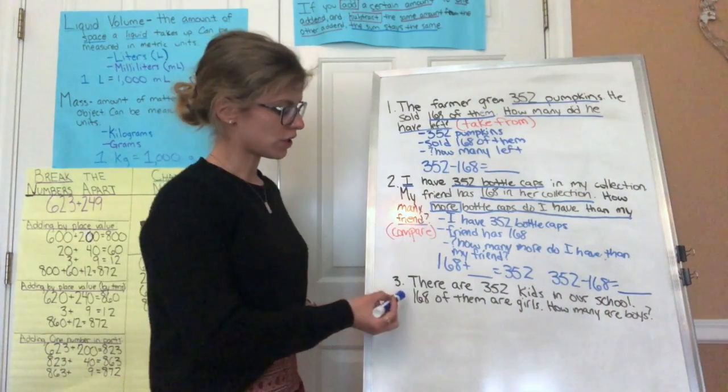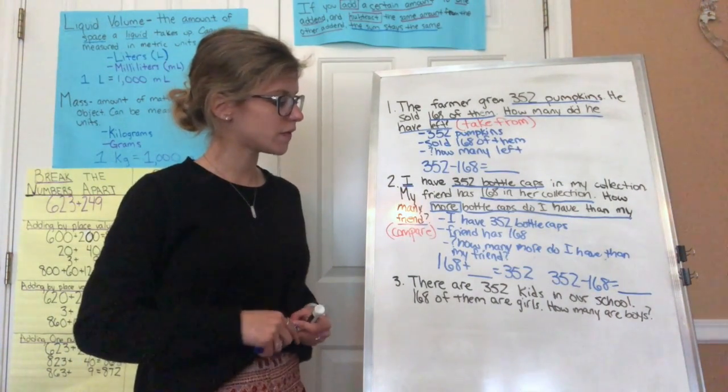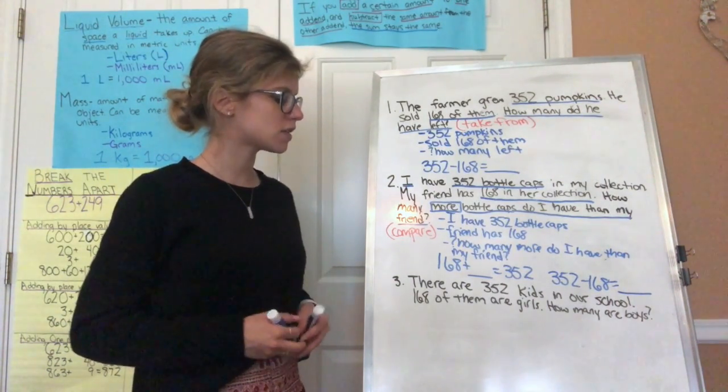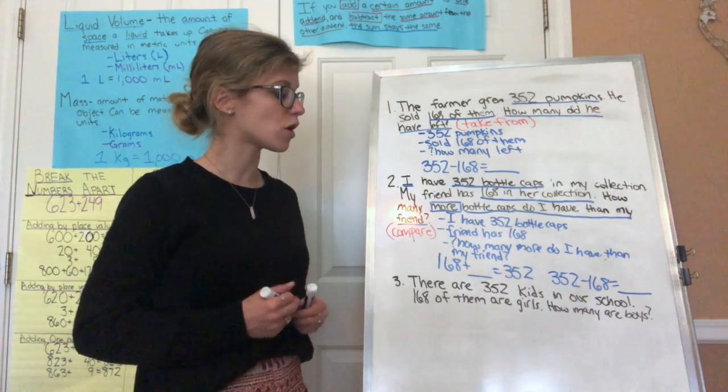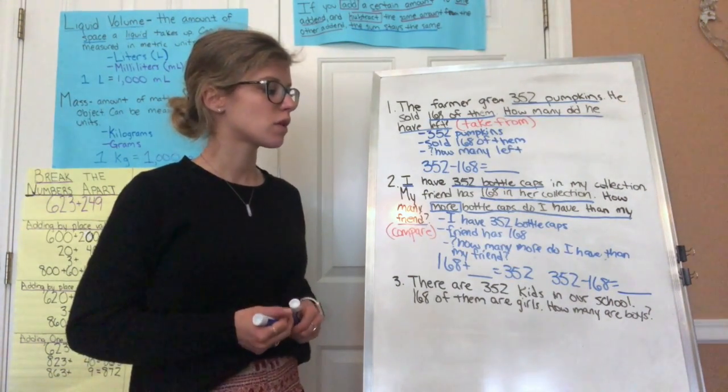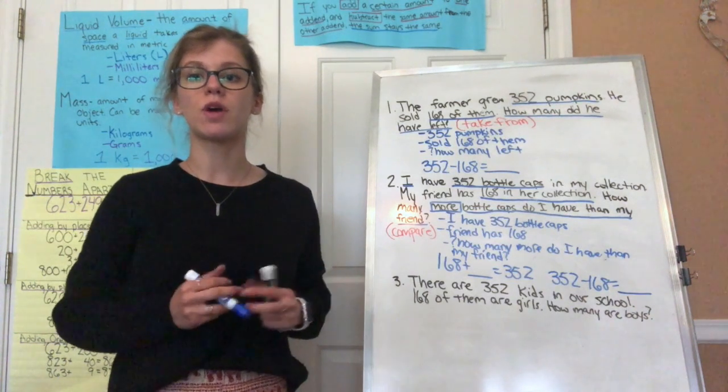Let's take a look at this next problem. It says there are 352 kids in our school. 168 of them are girls. How many are boys? Pause me and take notes to show this problem.